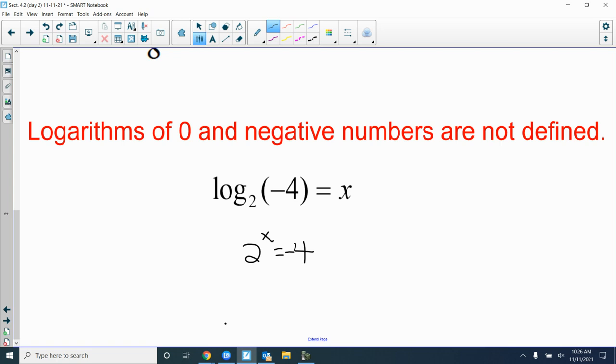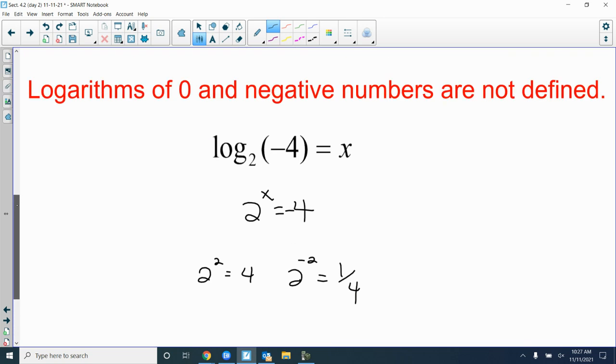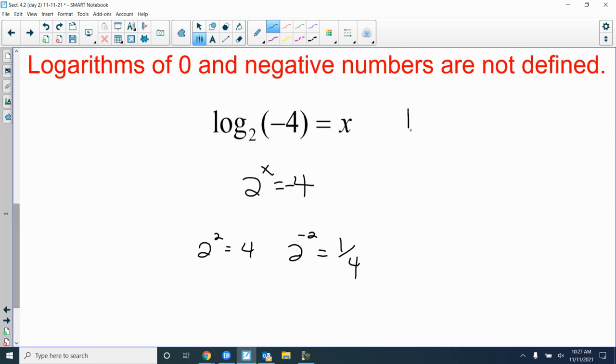Well, will 2 to any power ever equal a negative? No. What's 2 squared equal? 4. What's 2 to the -2nd? Because some people might say it might be -2. Yeah, it's going to be 1/4. So 2 squared is 4, 2 to the -2nd is 1/4. It's never going to happen. So you can't take the log of a negative number.